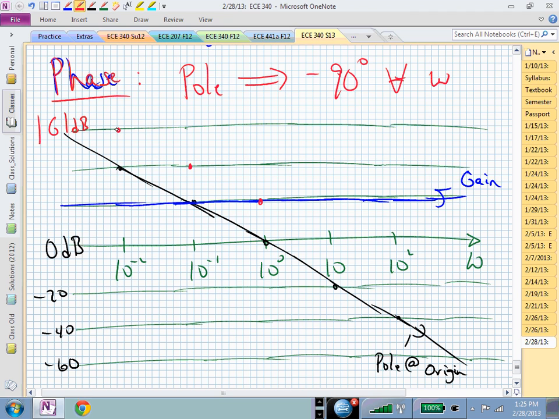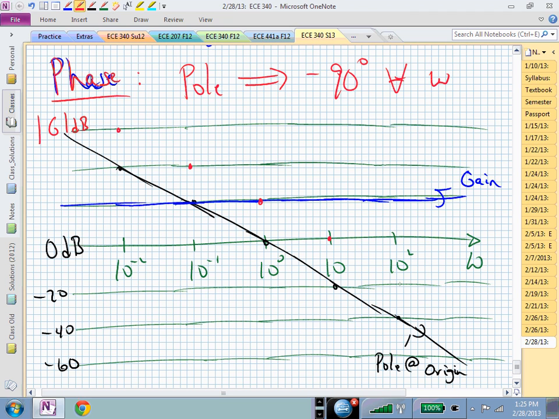Likewise here, we add 40 and 20 and get 60. At 10, we now have 20 and minus 20 or 0. At 100, we have minus 40 and plus 20, or we now have minus 20.